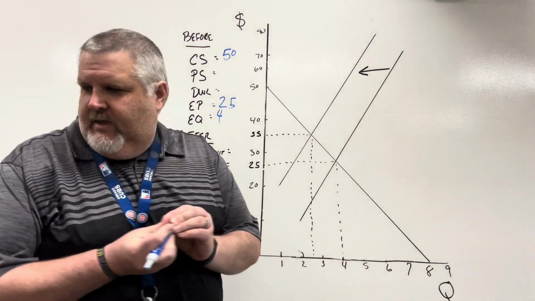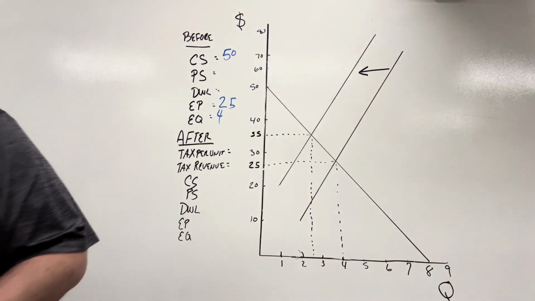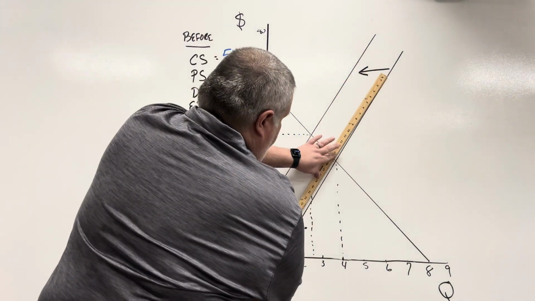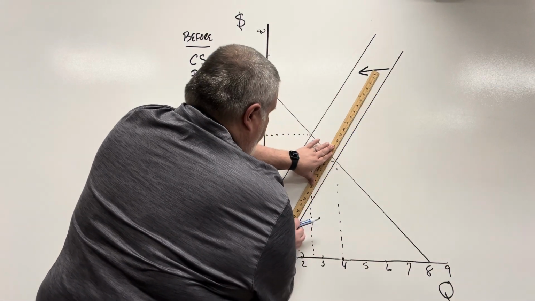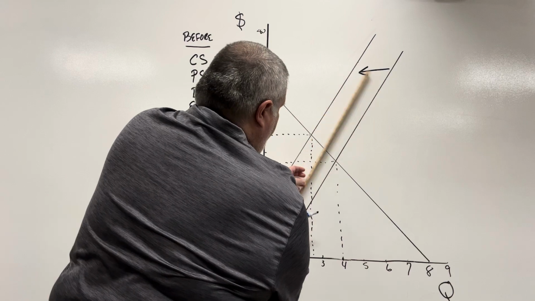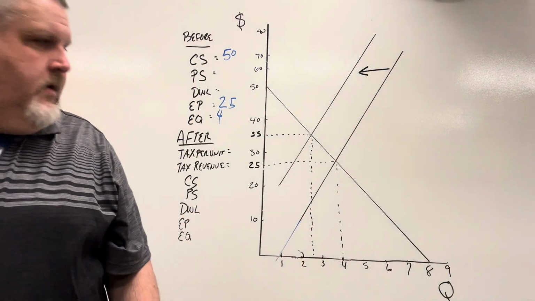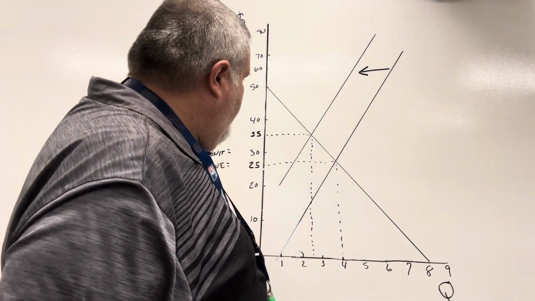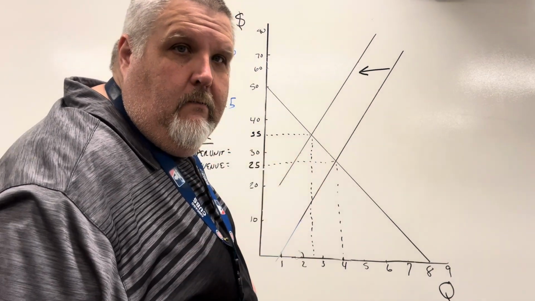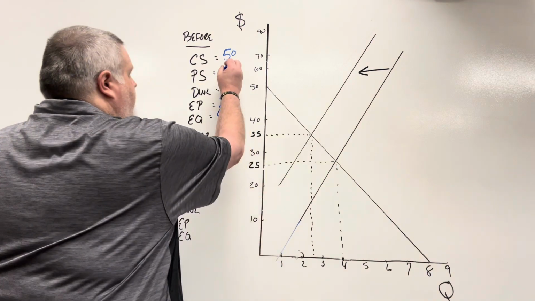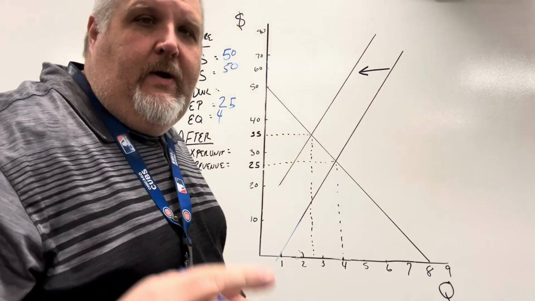We got to finish that supply curve in order to do this, don't we? So let's do that. All right, there we go. So we're going 25 and 4. We're back at 100 again. Divide by 2, 50. What's our deadweight loss?